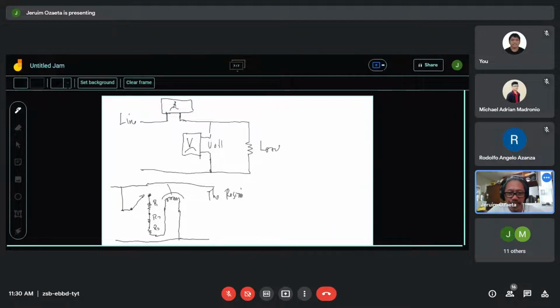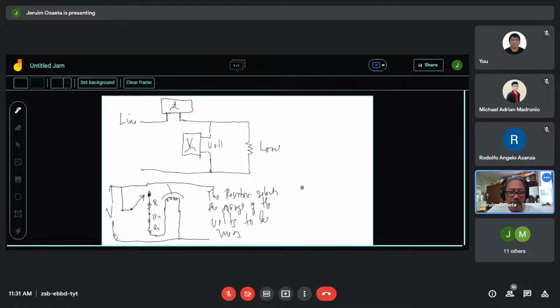So the resistors select the range of the volts to be measured. Note that if the voltage is high, you select the higher resistance. If the voltage is low, then you select the lower resistance.